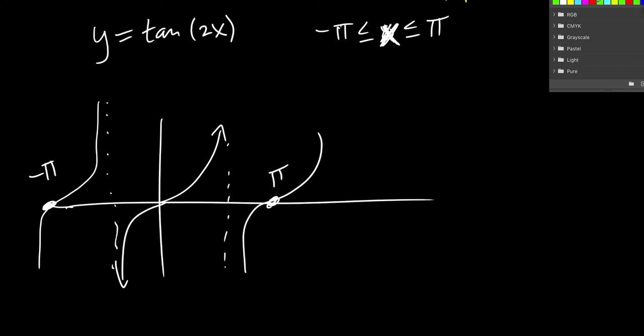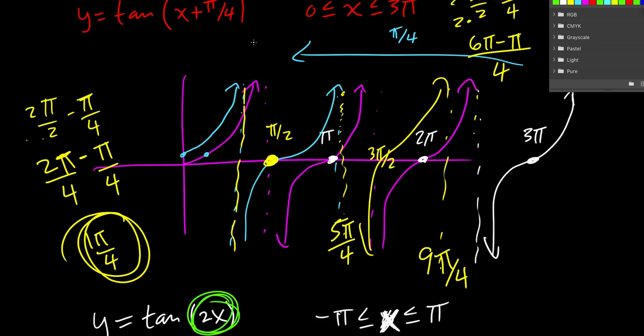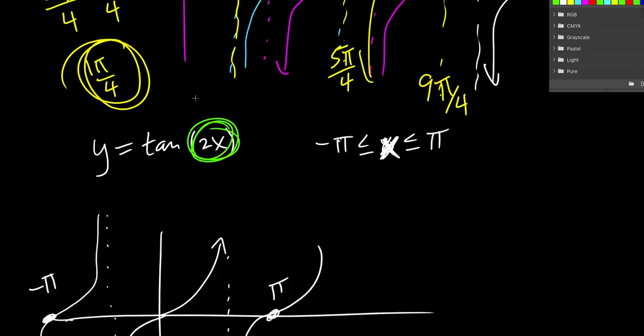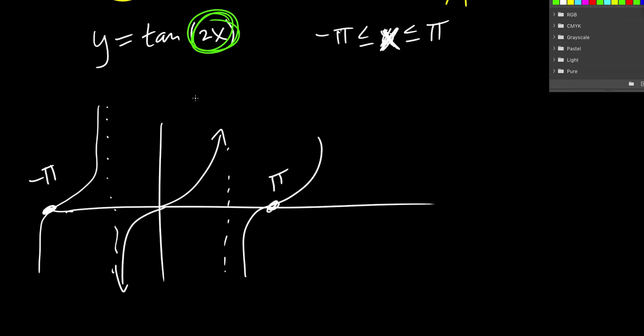What's going to happen is that anything inside of parentheses is counterintuitive. Just like on the previous problem, it said plus pi fourths, which makes us think going to the right, but it actually goes to the left because it's counterintuitive. Now when we're multiplying x by 2, in the graph we're actually going to divide everything by 2.